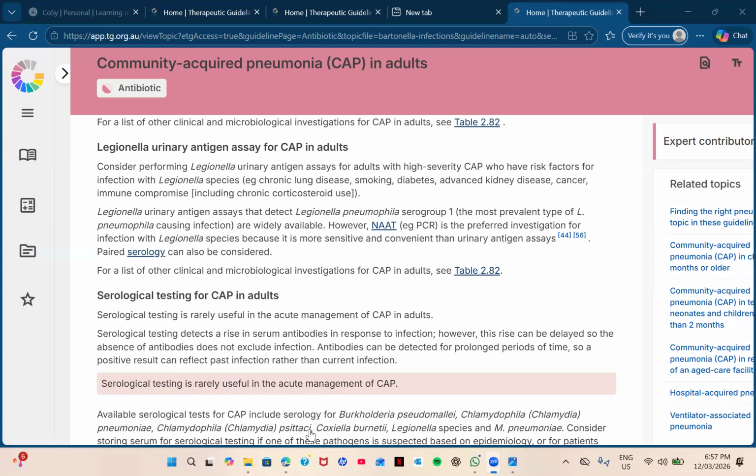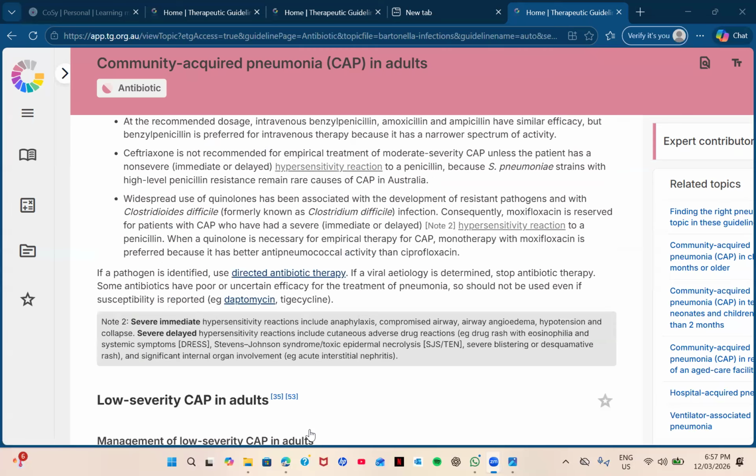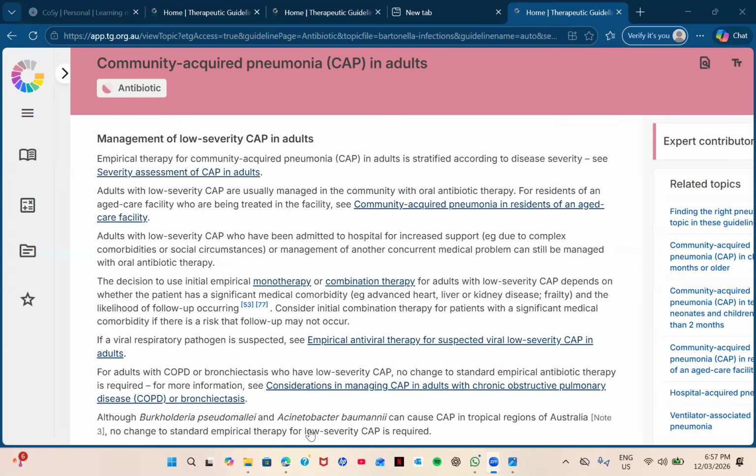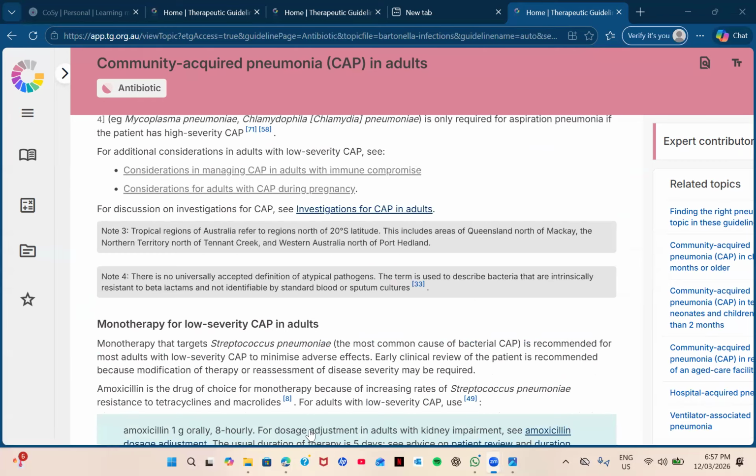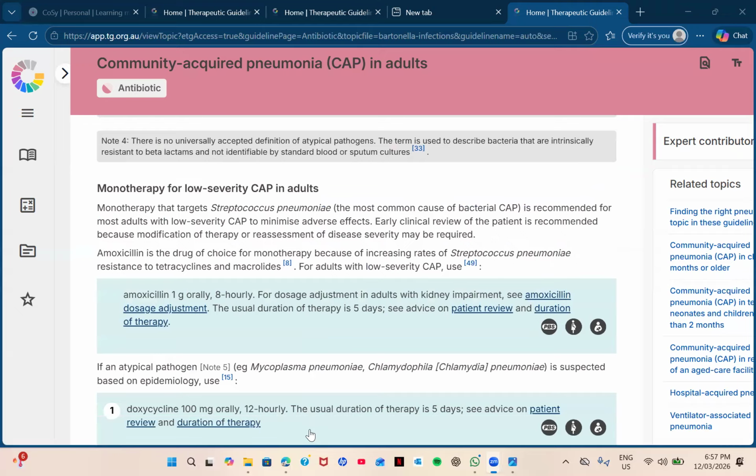Let's discuss the treatment quickly. Monotherapy for low severity community acquired pneumonia in adults. Monotherapy targets Streptococcus pneumoniae, the most common cause of bacterial community acquired pneumonia, and is recommended for most adults with low severity community acquired pneumonia to minimize adverse effects.